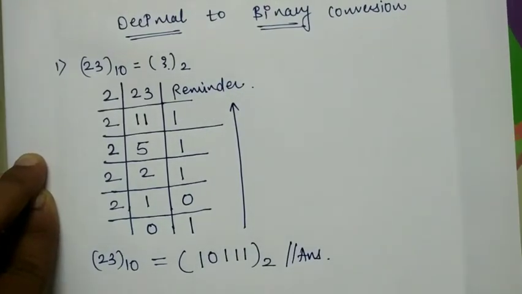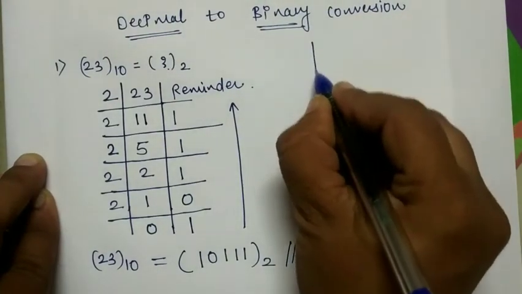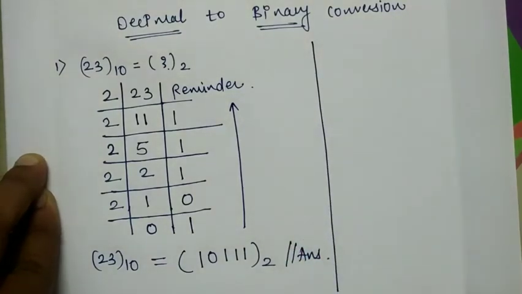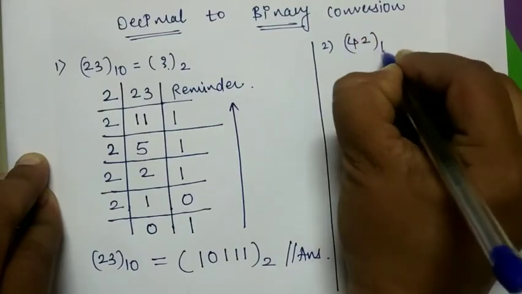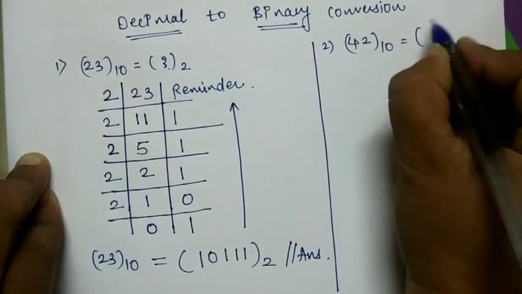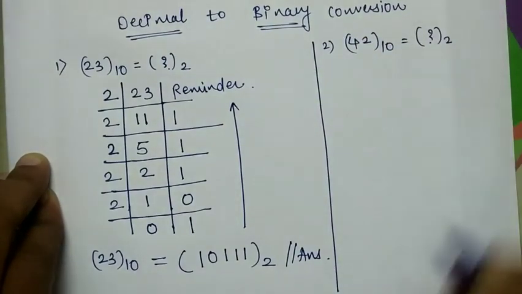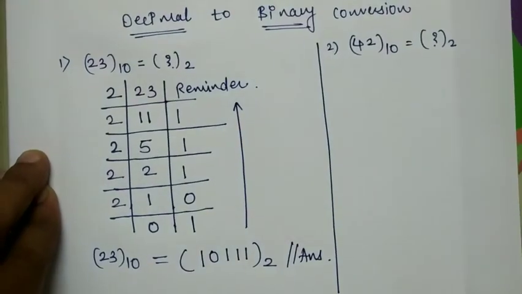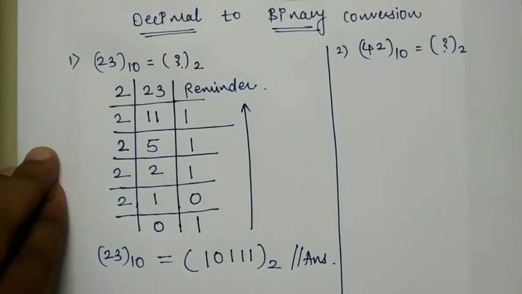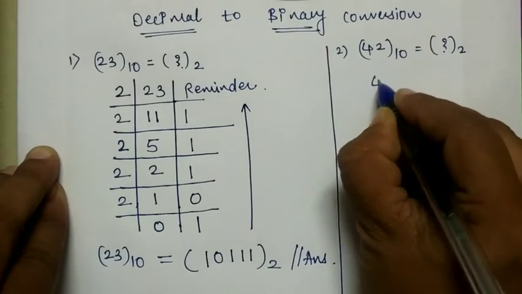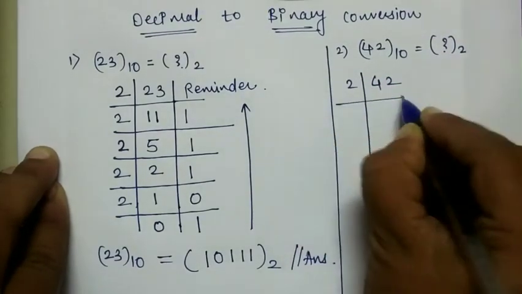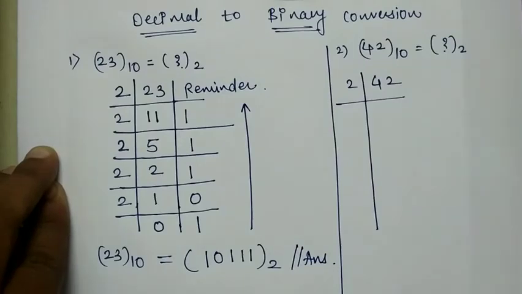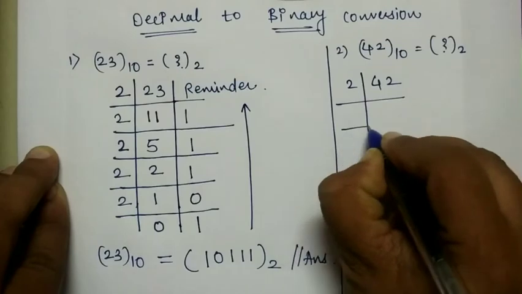Okay. Now let us consider the second example. We are going to convert 42 into its equivalent binary number. Again we use the same double method. So divide 42 by 2, and write down the quotient.